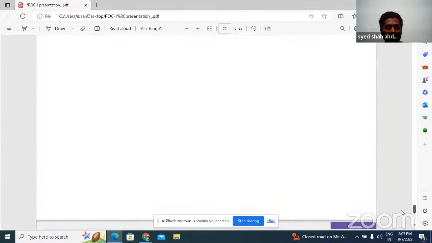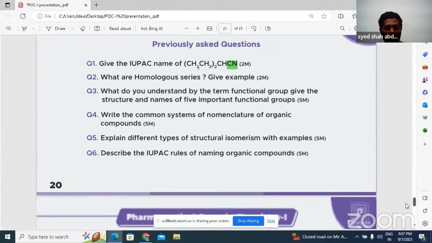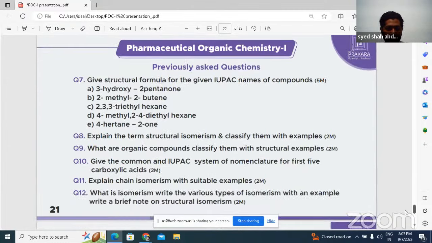And then if you go across another example, let us try to draw the structure of this compound. Drawing the structure is quite easy. First of all, when you draw a structure, see the parent chain.